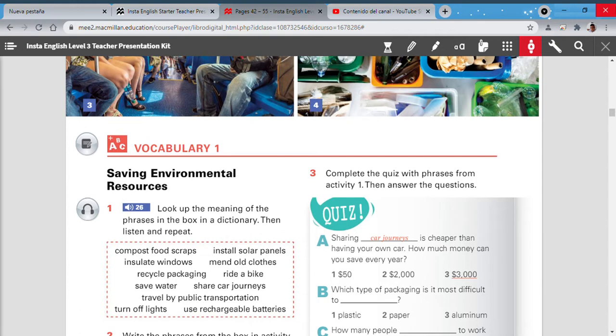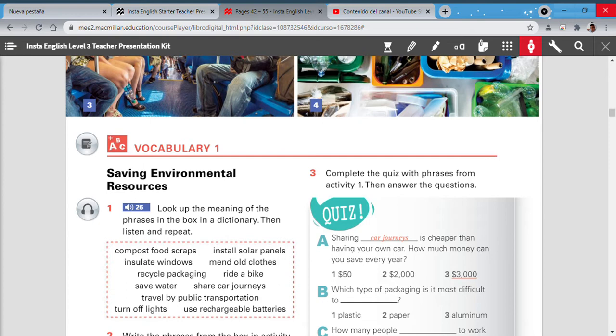And this compost, or composta in Spanish, is made of food, like fruits, for example. When you eat bananas or apples and you leave something, you put it together and put it on the floor, and they make a compost, food scraps. Okay, composta. That's the idea.